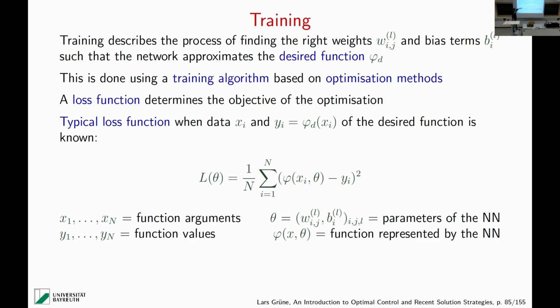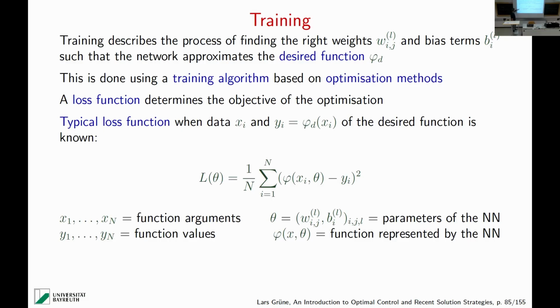And let's start with the notation here. So phi is the function represented by the neural networks. It depends on x and on theta. X is the input vector, and this theta here are all parameters of the network. So all the w's and b's I put into this big vector theta here. Right, so that's what we do, and then x1 up to xn are the function arguments, and y1 up to yn are the function values.